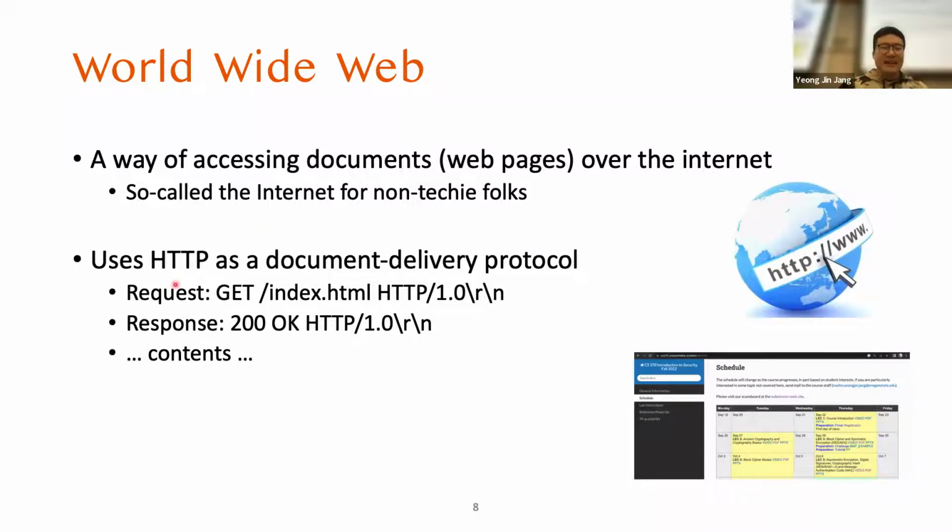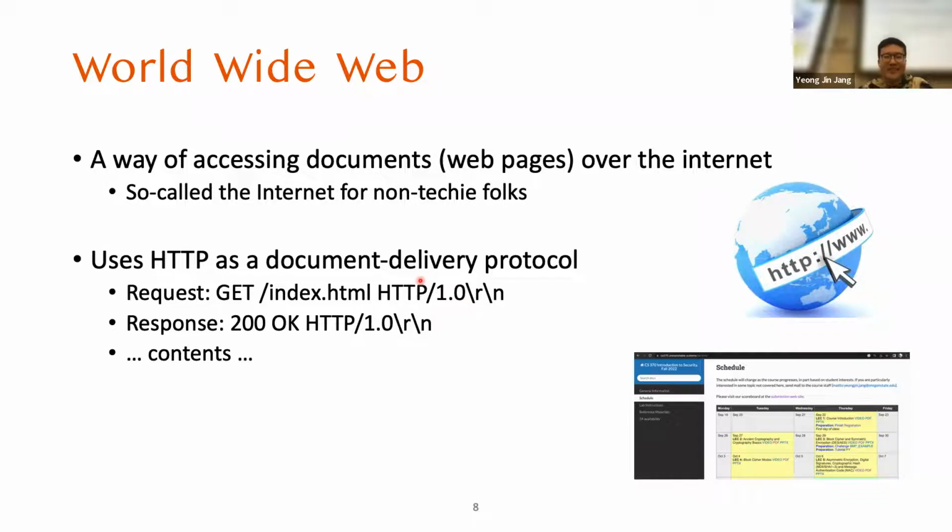How HTTP works is that whenever you try to access slash index.html or slash login.php or that kind of website, it sends a message in plain text, GET this location, with the protocol version.